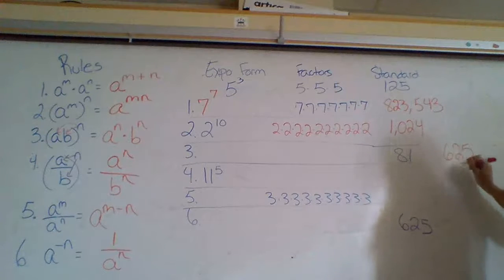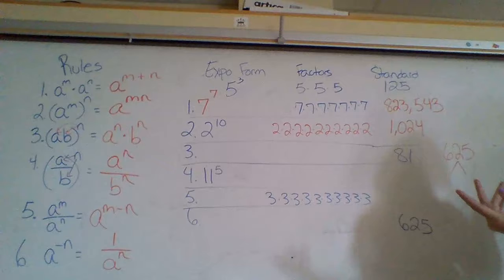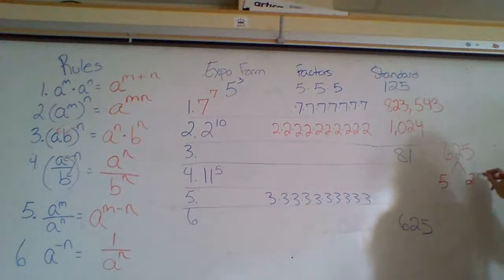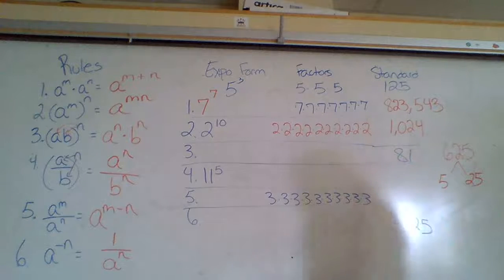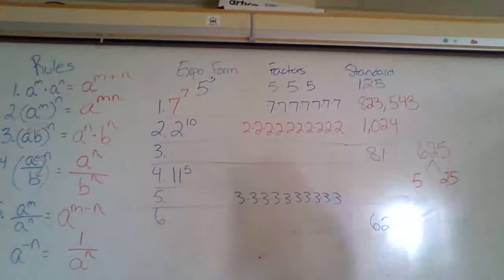So 625, I'm going to do 5 times 25. But if that's not the one that comes to you, you can start out with 2 different numbers. We'll get to the same place.